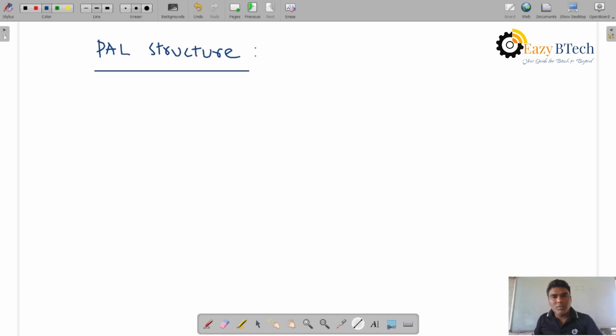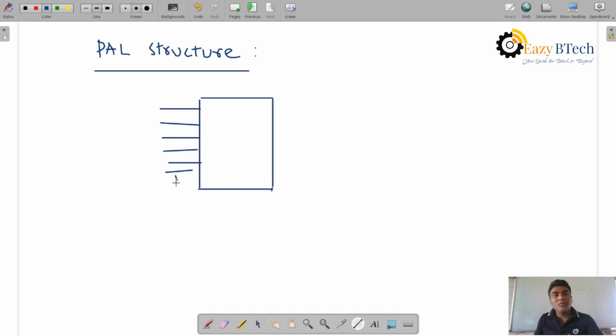Let me draw this one. This is the AND gate representation. Inputs are applied here.